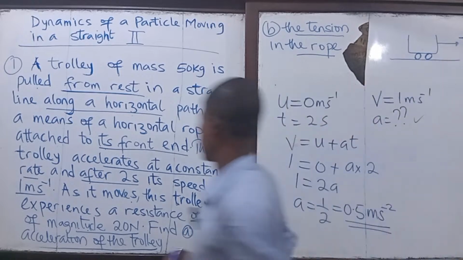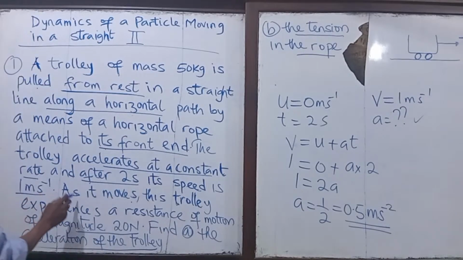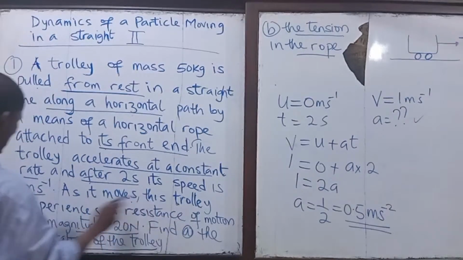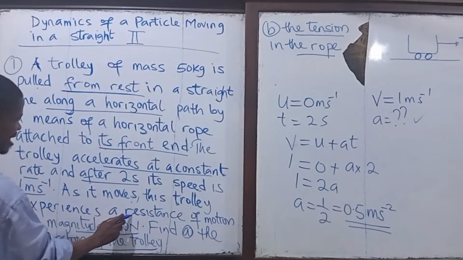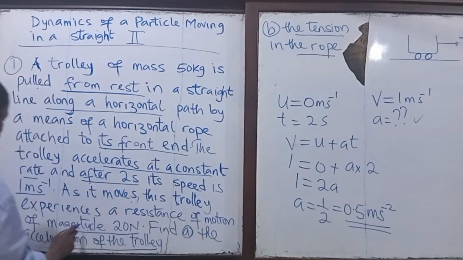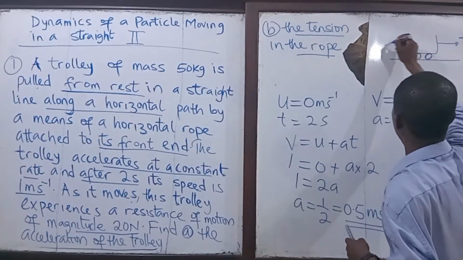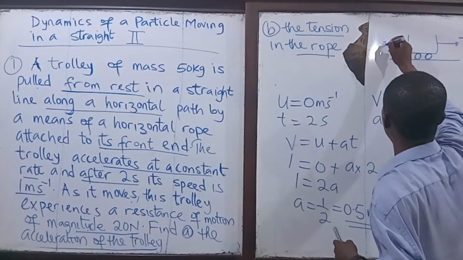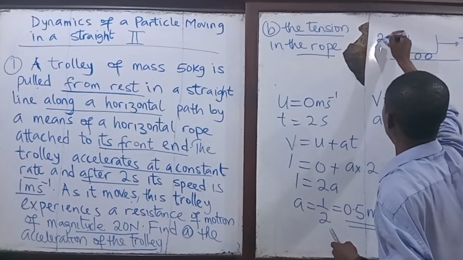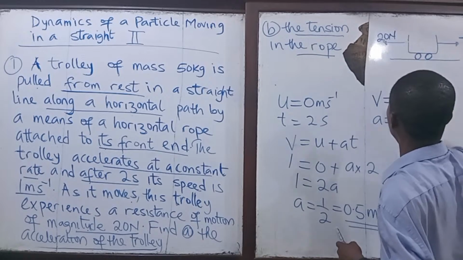As it moves, the trolley experiences a resistance to motion of magnitude 20 Newton. So this is the resistance which opposes the motion, and the value is 20 Newton.